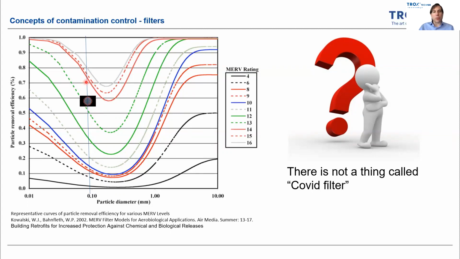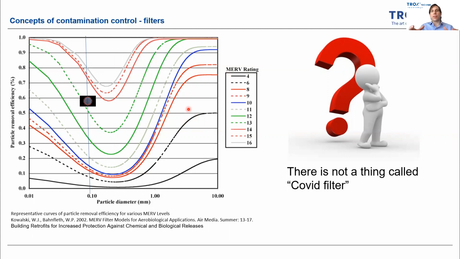So then we will try to go a little bit up to a 14 or something like that. As you can see here, there's always a particle size where the efficiency of the filter is smaller. So there is no such thing as a COVID filter, a special filter for COVID-19. Don't pay more for it.